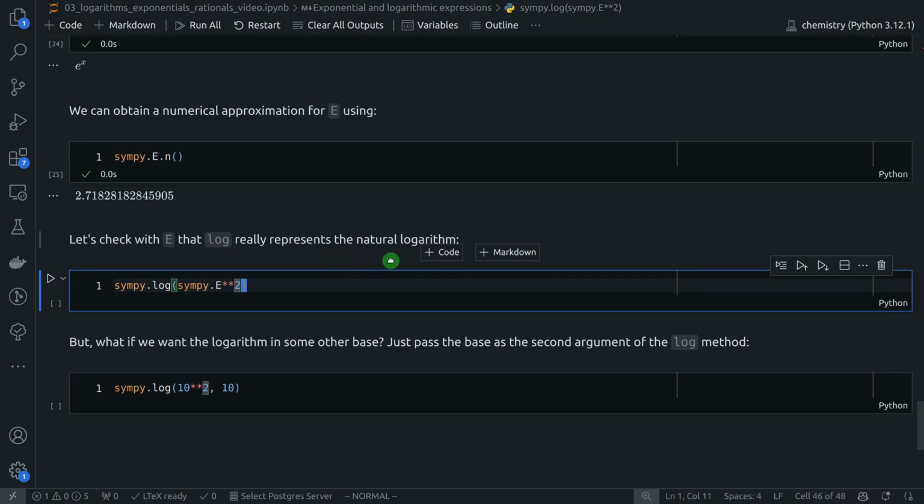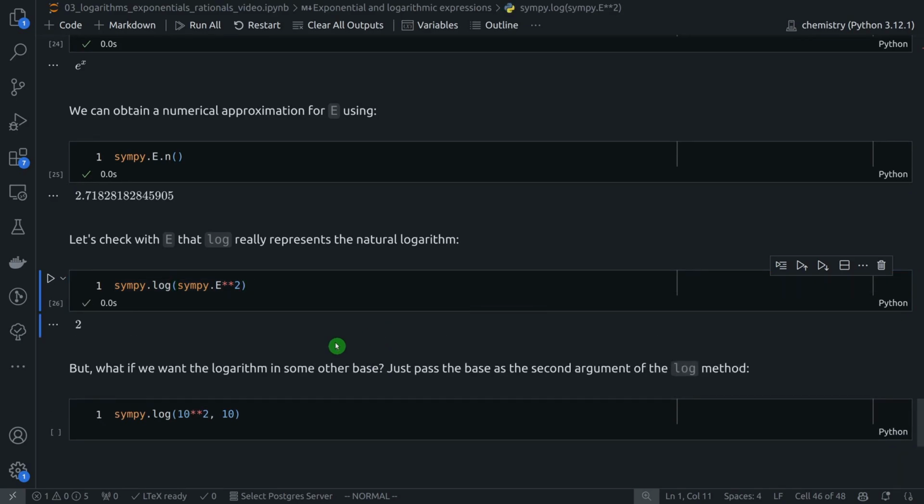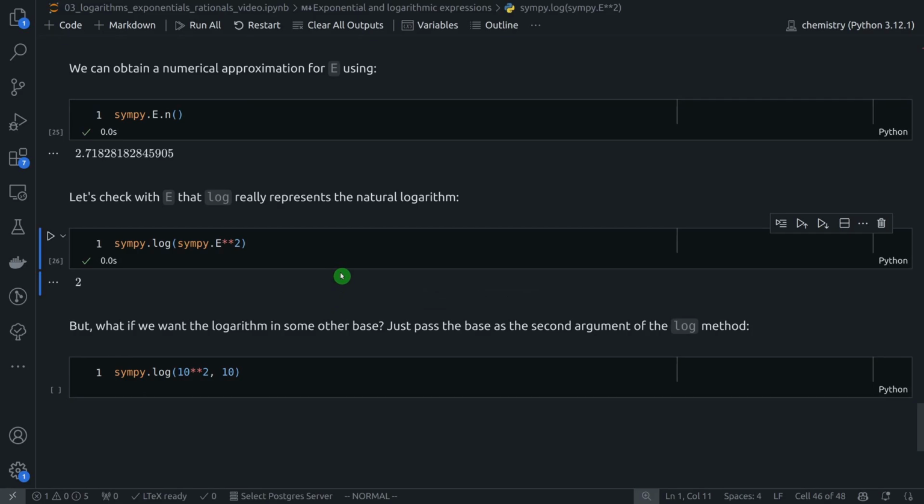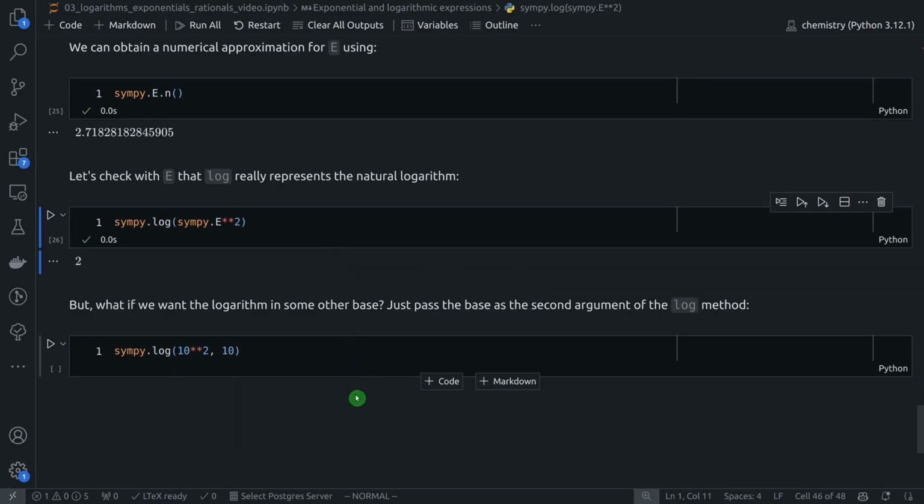And we can check that log really represents the natural logarithm by passing e to the power of 2 to the log function, and we see that the result is 2. Okay, and if you want the logarithm in another base, you can pass the base as the second parameter.